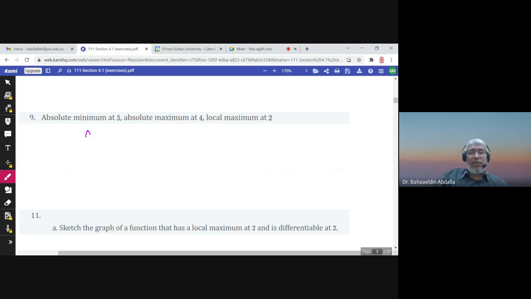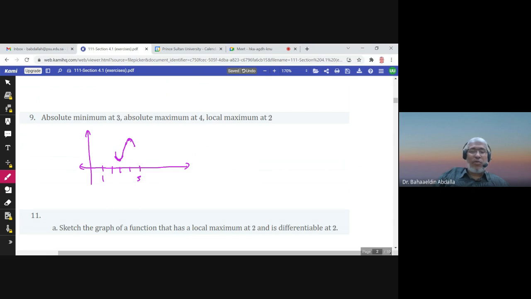Again, same function from 1 to 5, but now with other conditions. Absolute minimum at 3. So at 3, it has an absolute minimum here. Absolute maximum at 4. At 4, it has an absolute maximum. Local maximum at 2.